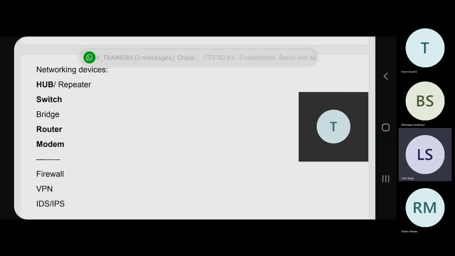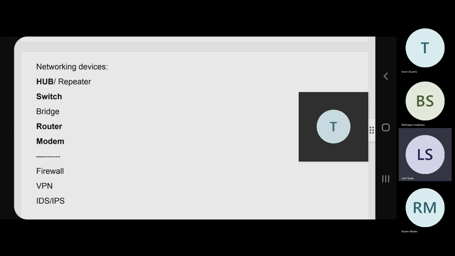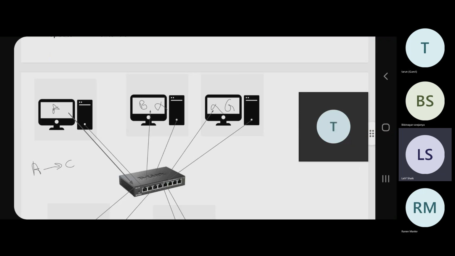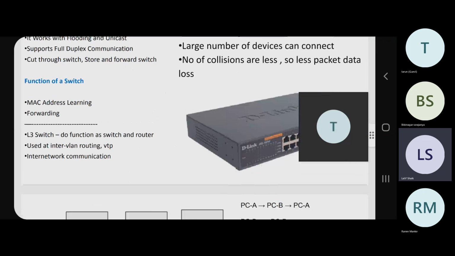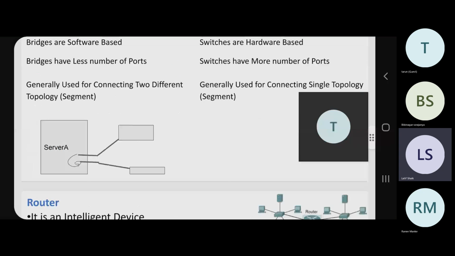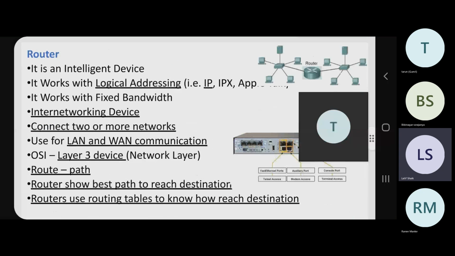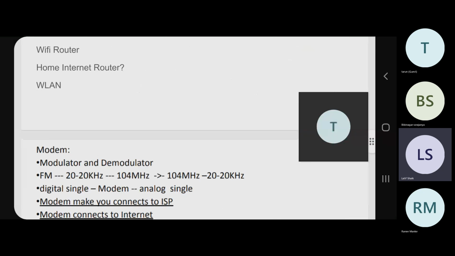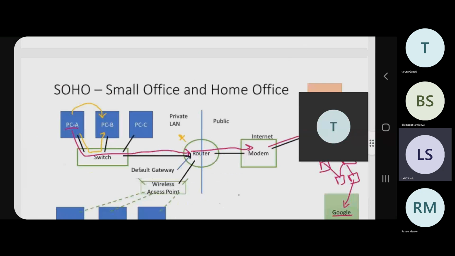Bridge is not even a device. Next are the differences: how hubs look, how switches look, what their function is, what the use of a router and a bridge is, where we use the router, and what the use of a modem is.